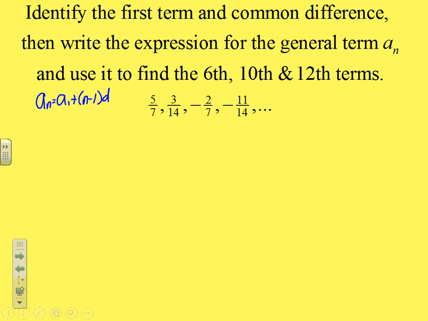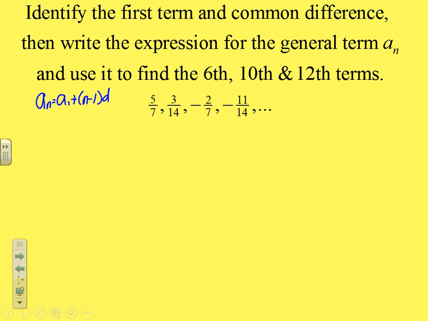Say I wanted to know the 843rd term. We definitely wouldn't want to go through all of those numbers, adding the common difference over and over again. That's why we want to use the rule.